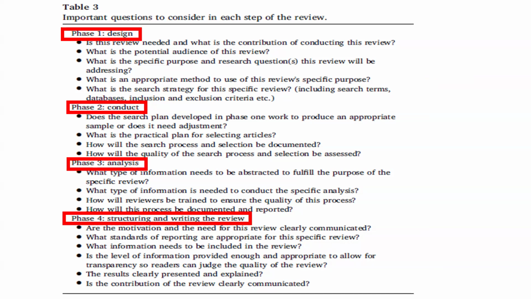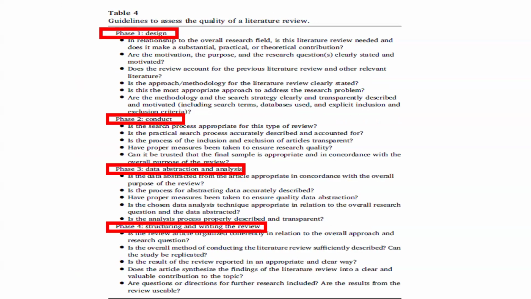So you need to ask what type of design you should have, how you conduct it, what questions you will ask to conduct those reviews, what type of questions you will ask to do analysis, and what type of questions you will ask to structure and write the review. Those things are really important in a literature review or when writing a review paper.